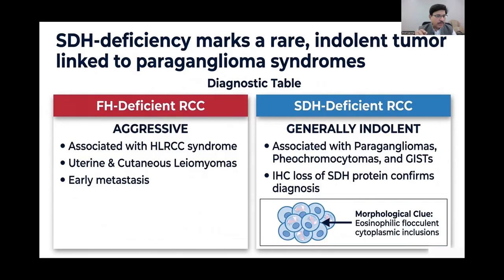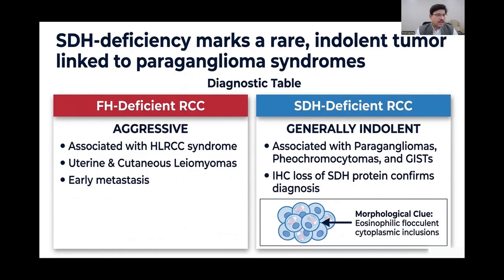Okay. So SDH deficiency is succinate dehydrogenase deficiency. FH deficiency is fumarate hydratase deficiency. Succinate dehydrogenase is also an enzyme, a step in the citric acid cycle. While FH deficiency is highly aggressive and frequently metastasizing, SDH deficiency is generally indolent and linked to hereditary paraganglioma and GISTs.